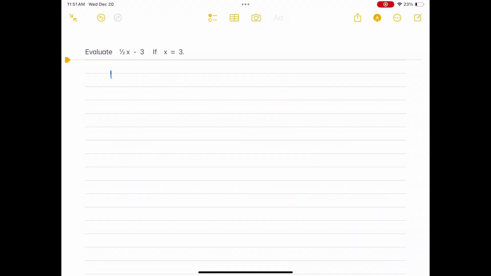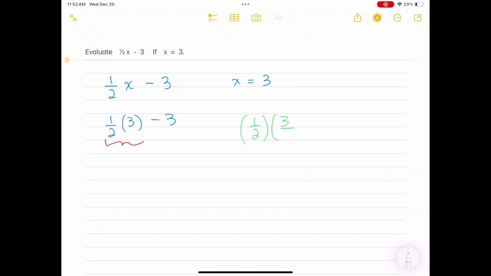Evaluate 1/2 x minus 3 if x equals 3. Once again, we copy down the equation, 1/2 x minus 3, and x equals 3. So now on the next line, we will substitute 3 for x, and we write that number 3 inside parentheses. So we have 1/2 times 3 minus 3.